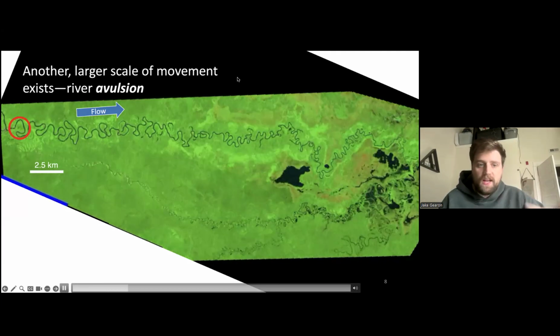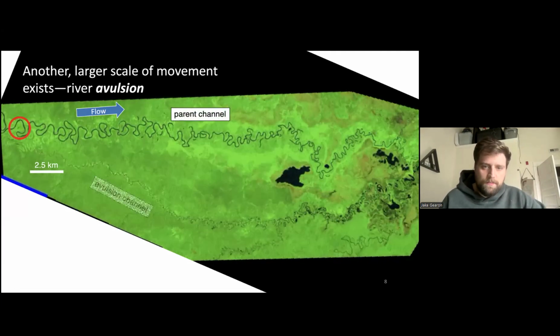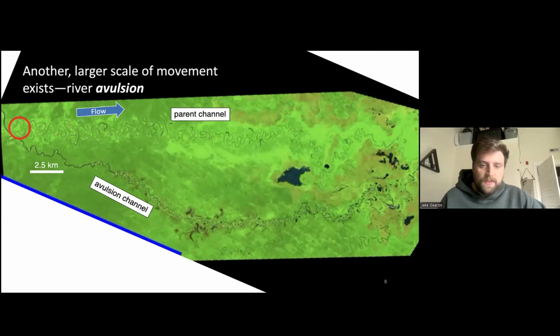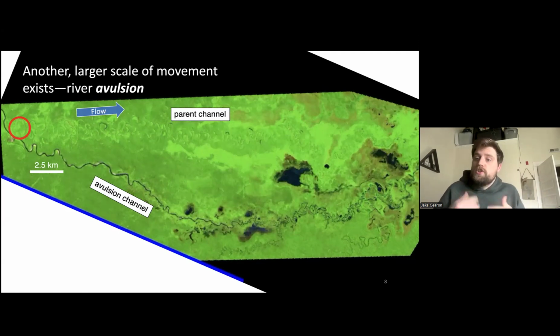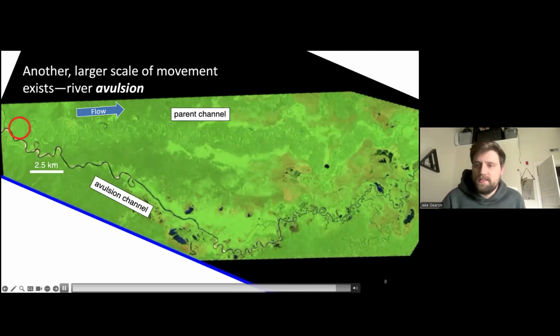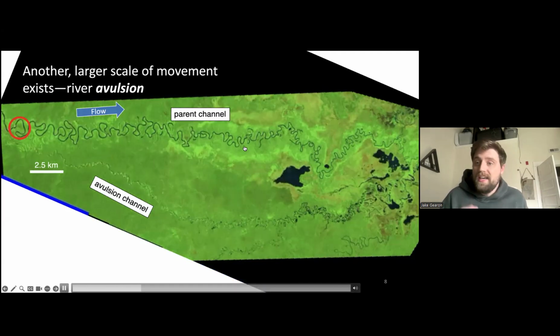Okay, so we have the parent channel, which you can see up top. And then very quickly, about now, it captures the flow of a much smaller stream to the south and does something we call annex it. So it annexes the other channel and creates an avulsion.